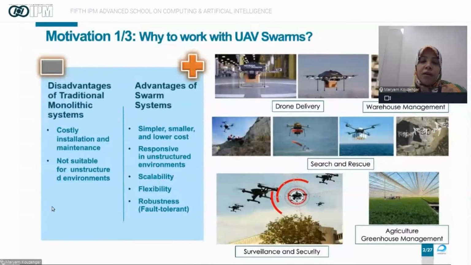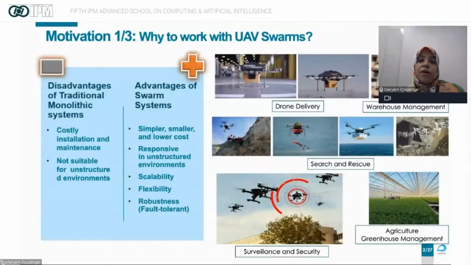About the overall advantages of swarm systems over traditional monolithic systems, I can mention some points. Instead of dealing with costly installation and maintenance of traditional systems, we can benefit from simpler, smaller, and lower cost agents in the swarm framework.